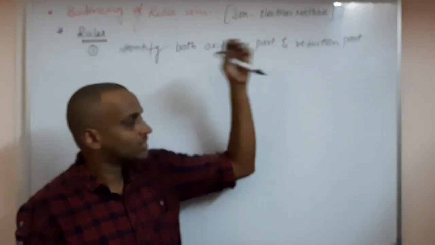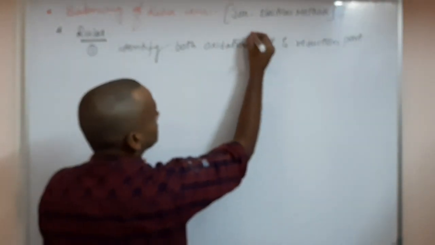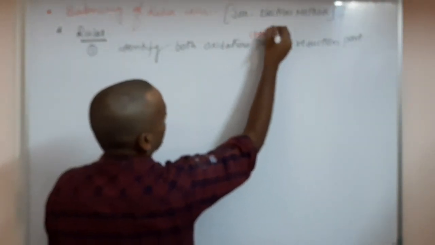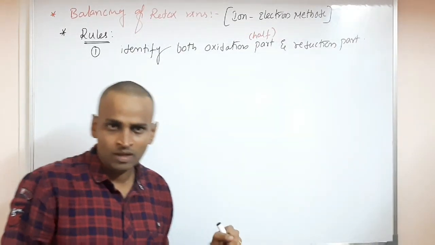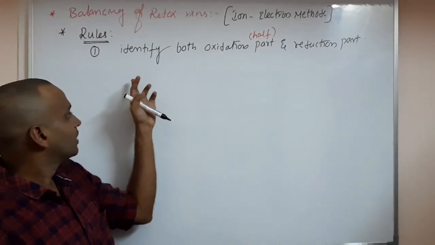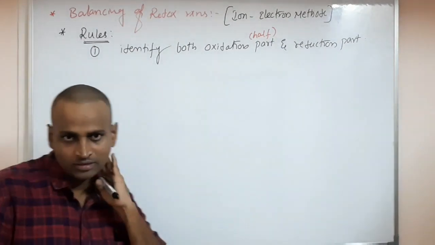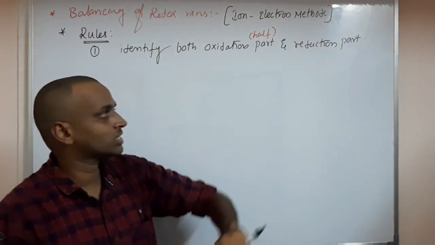Identify both the oxidation part and the reduction part, which we call the oxidation half. From reactants to products we will check. We have to identify in which species oxidation happened and in which reduction happened.